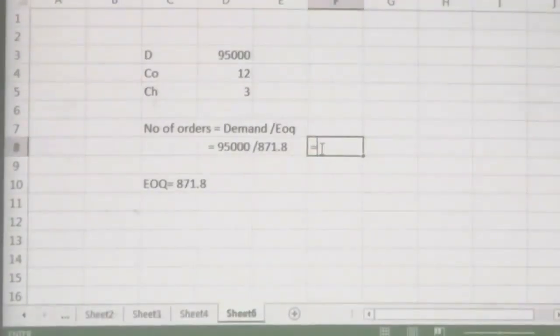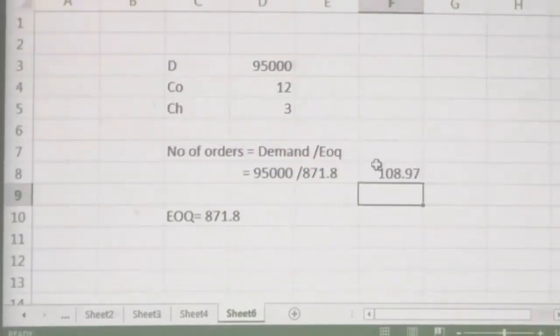That will be 95,000 divided by 871.8, approximately 109, because it is 108.97.